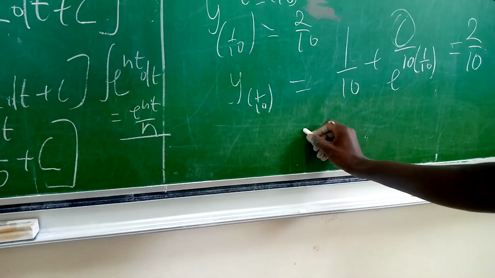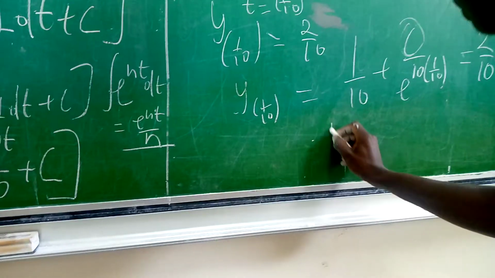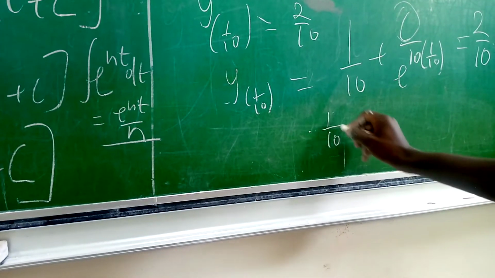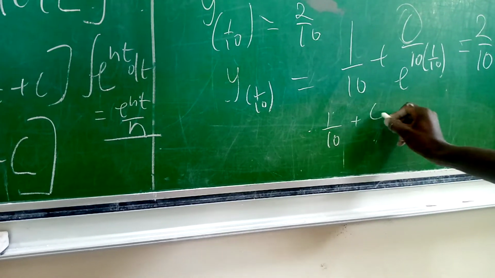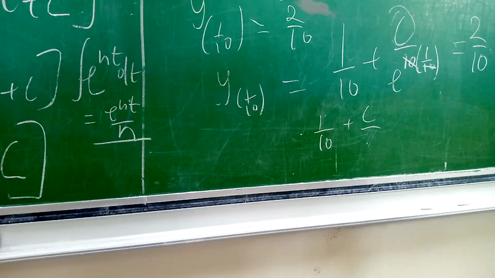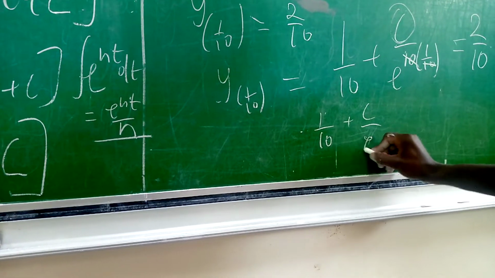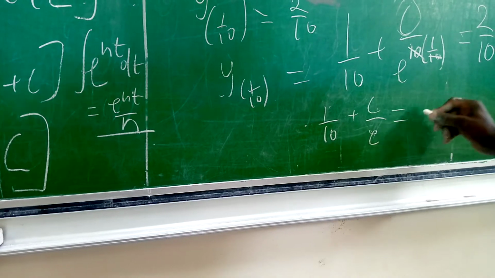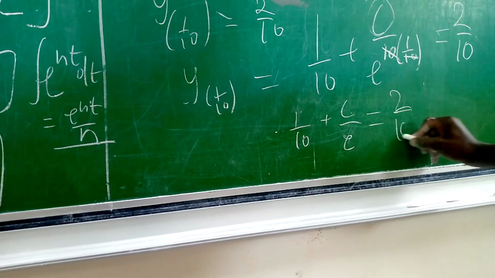as the constant, and then we get 1 over 10 plus c over e, which is simplified, and then we get 1 over 10 plus c over e is equal to 2 over 10.